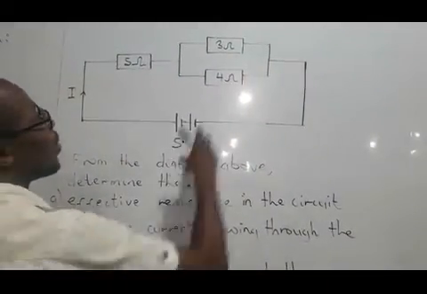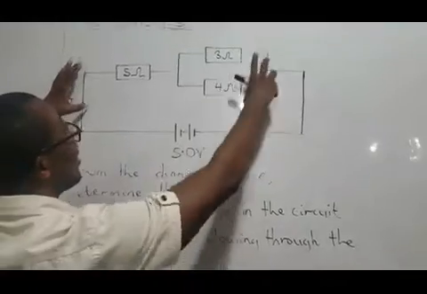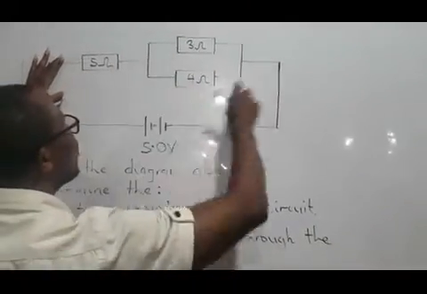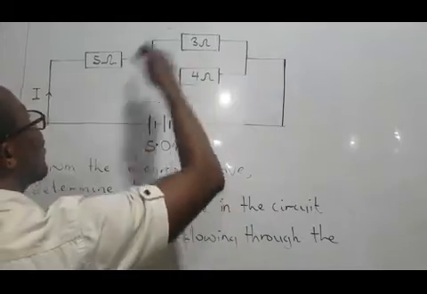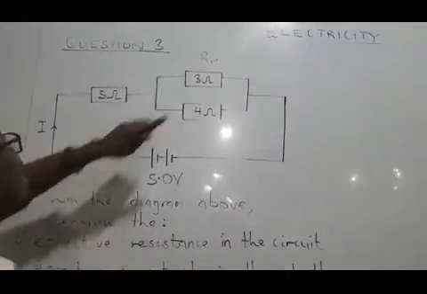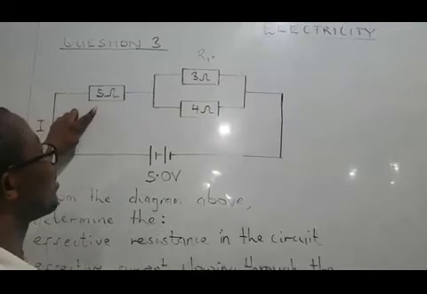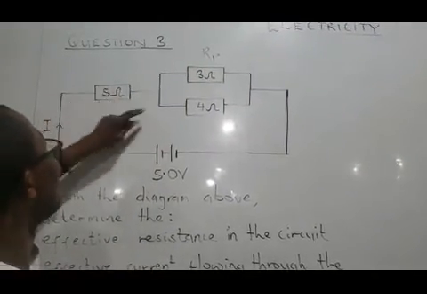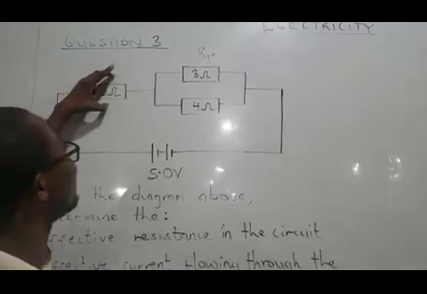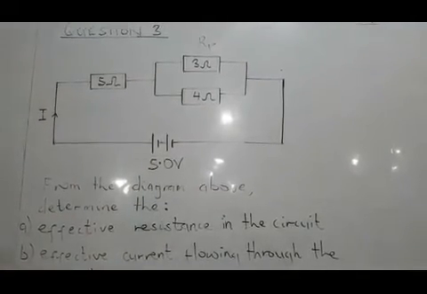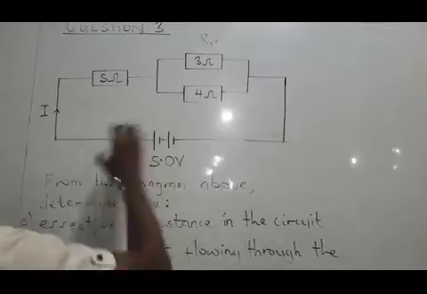And then, whatever you get, these 2 are now in series with this. So the total you're getting here, for instance, if the total resistance for this one is Rp, then the Rp is in series with this. So for series arrangement, the total now becomes the sum. So that will be this plus Rp.